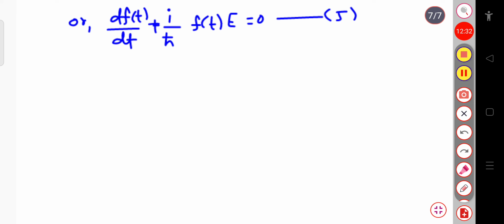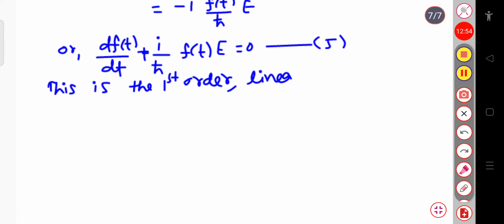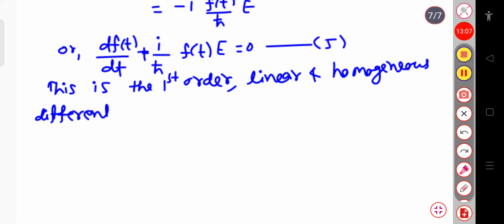So this is the first order linear and homogeneous differential equation with constant coefficients.